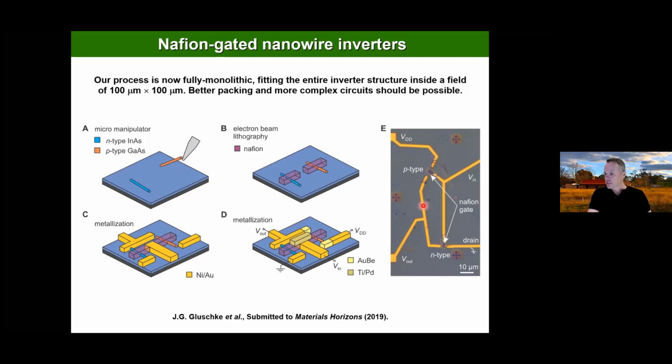And then we write the rest of the circuit in here. So you can see we've got this inverter circuit. Your drive goes in through here, down through the P-type, out through the N-type to drain. And then you've got your gate electrodes to the Nafion elements just in here, and the output just down in the corner.